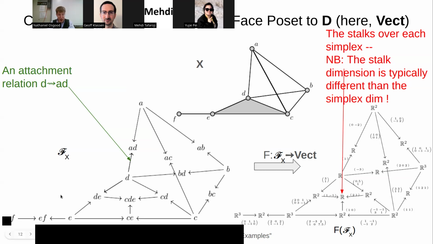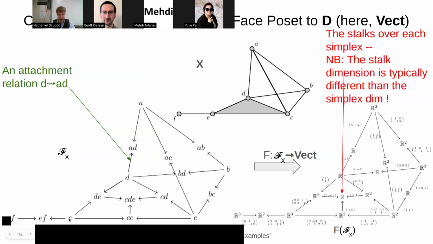So vertex F might have been associated with a stalk above it of possible values that we have there. Maybe it's drawn from three-dimensional real vectors. So this might be number of people with chlamydia, number of people with gonorrhea, number of people with herpes simplex virus.